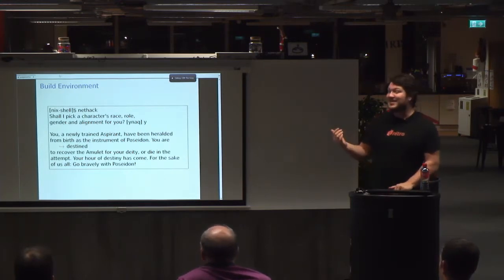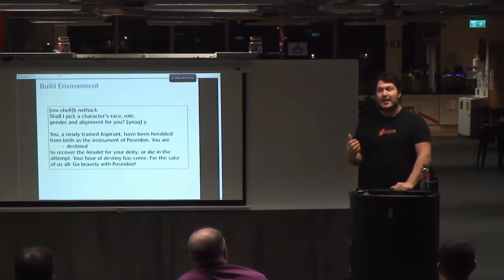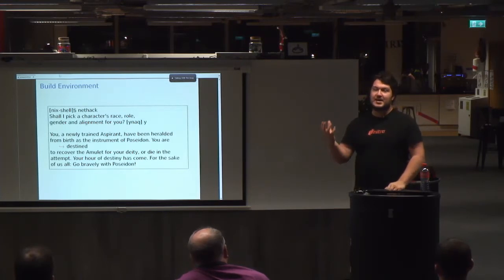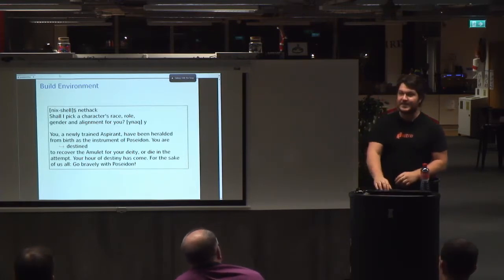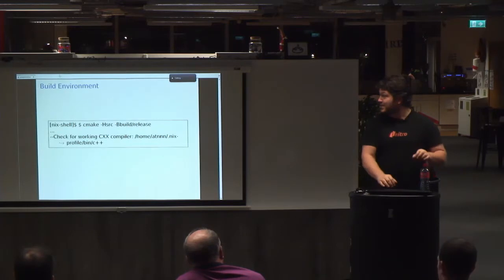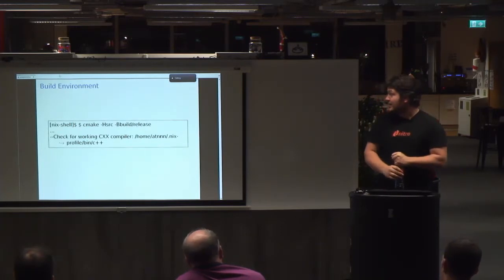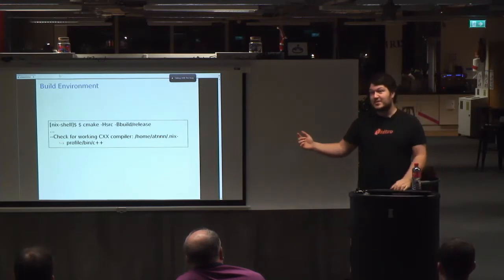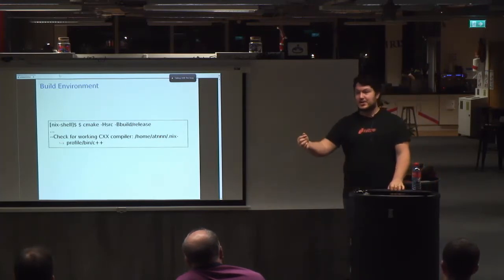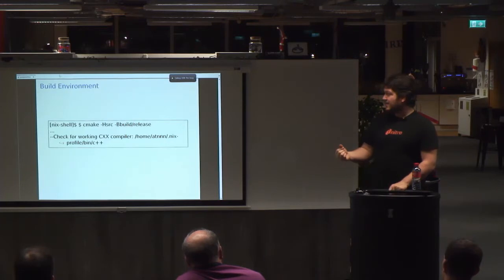But in this environment that I've created, I still have access to the packages I installed in the global environment, in this case, NetHack. I can just play NetHack even though it's not specified as a build dependency. And not only can I play NetHack, but the CMake script also detects the compiler from outside the shell and not from inside the build environment.